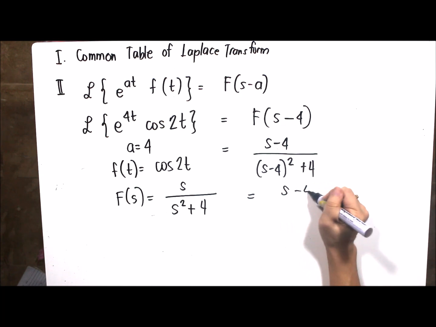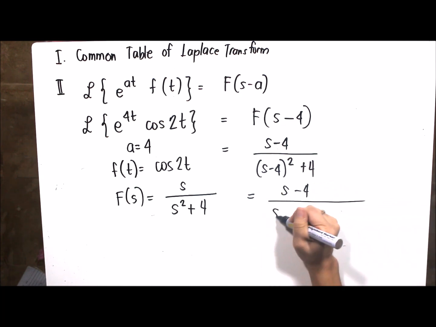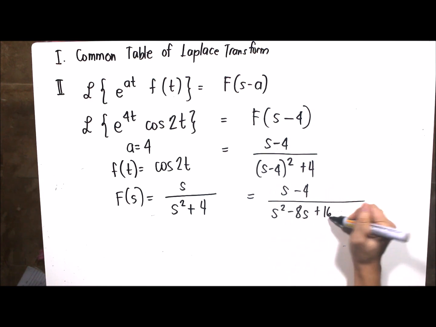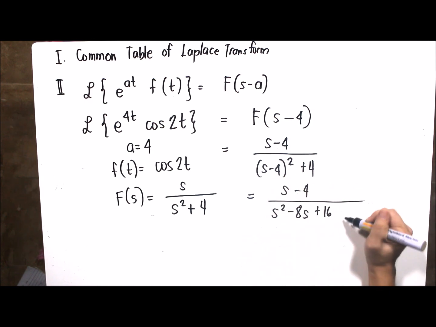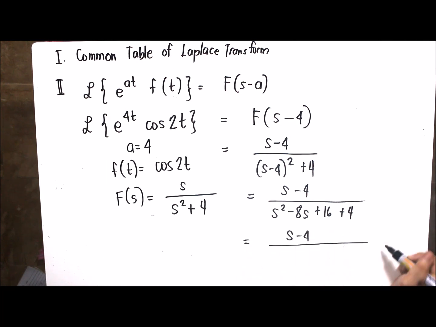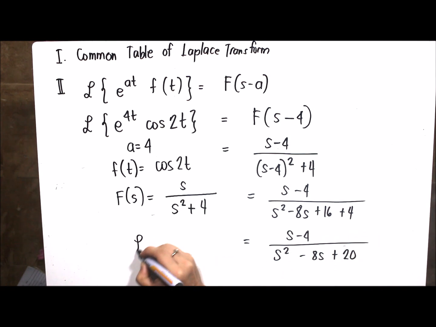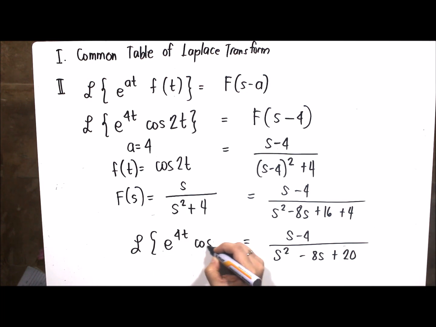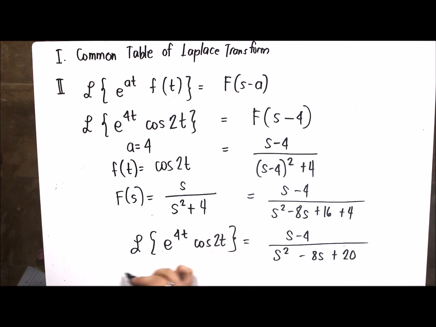So, you have s minus 4 all over s squared minus 8s plus 16 plus 4. So finally, we have s minus 4 over s squared minus 8s plus 20 as the Laplace transform of e raised to 4t cosine 2t.